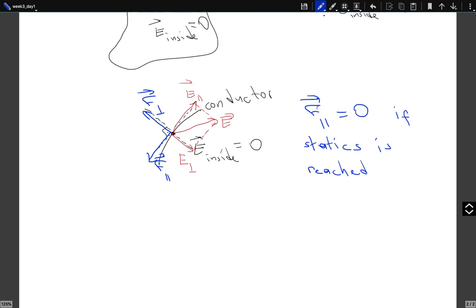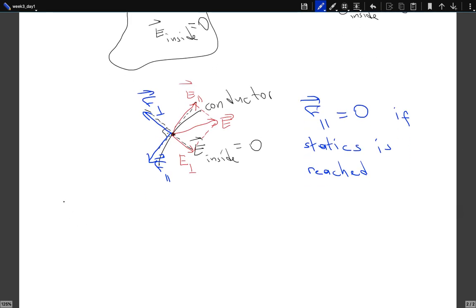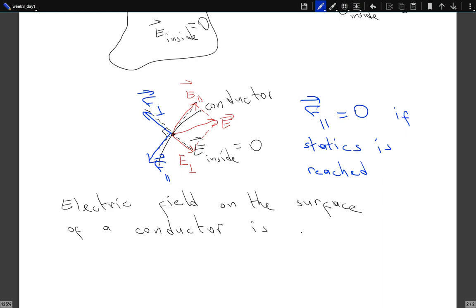Now, what this shows us is that the electric field on the surface of a conductor is perpendicular to the surface. Let me emphasize, this is in electrostatics.